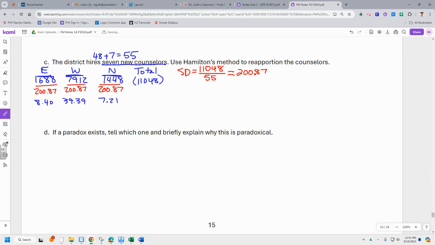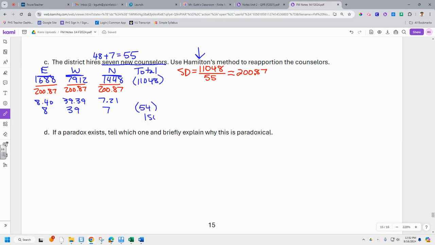And we're doing Hamilton's method again, so again, we're rounding down. Keep in mind, if it was a different method, maybe we'd round up or round to the nearest, but Hamilton's always rounds down. Round down to 8, 39, and 7. 8 plus 39 plus 7 is only 54.